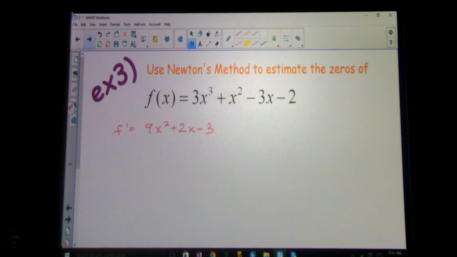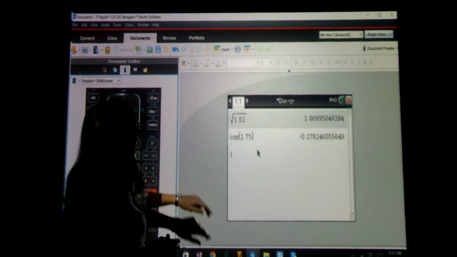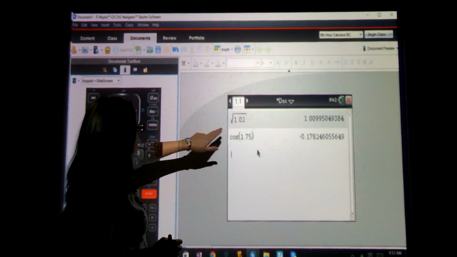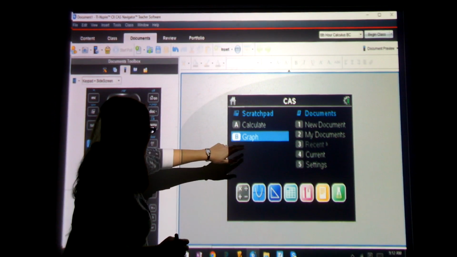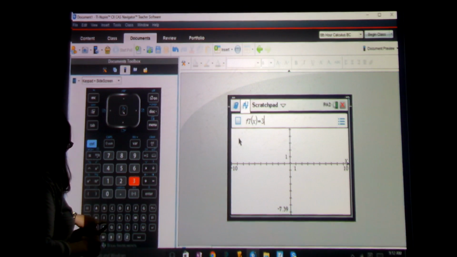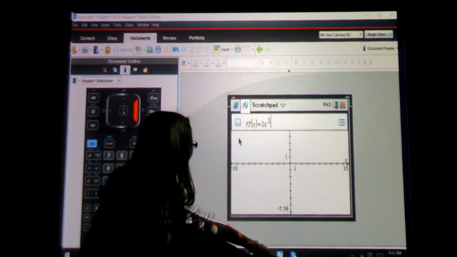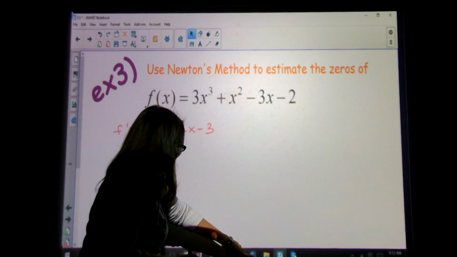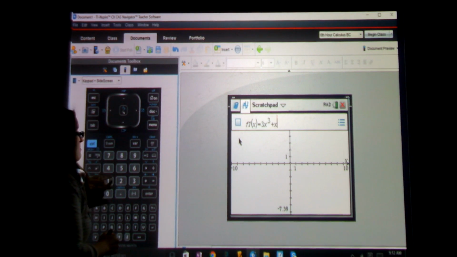Now we need a first guess. Let's graph this in our calculators. So go to a graph. You should be doing this with me.